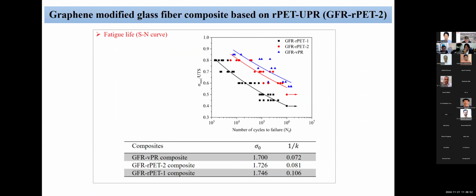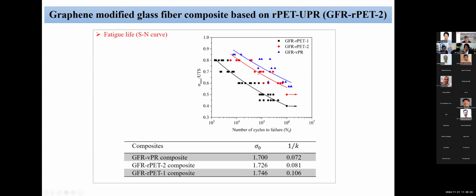Okay, that was for typical recycled material. Then we created what we call a graphene modified composite, written here as RPET2. The black one is our recycled PET without graphene, the blue one is the virgin one from the literature, and the red one is after modification.